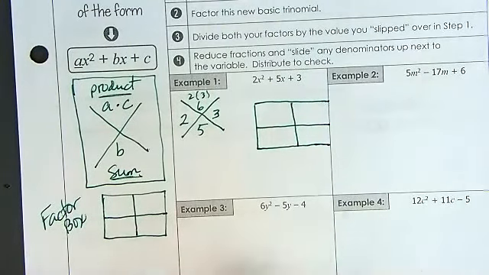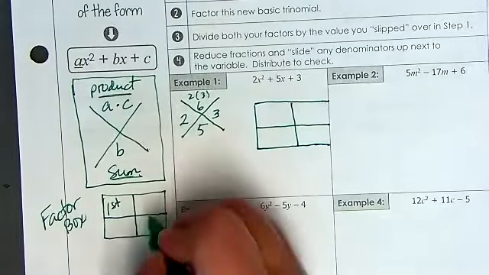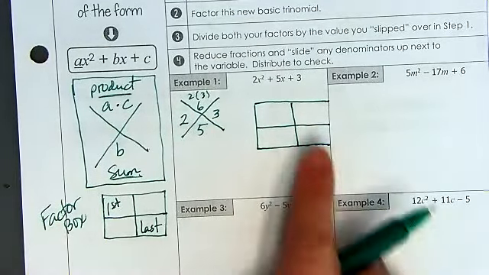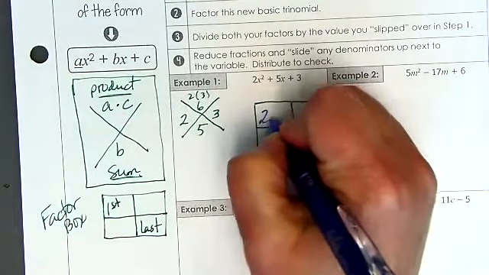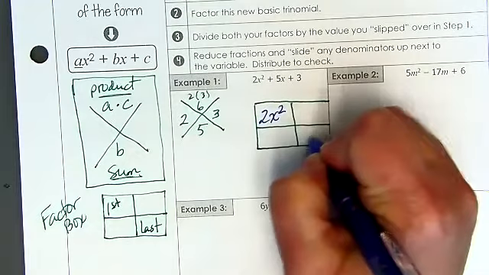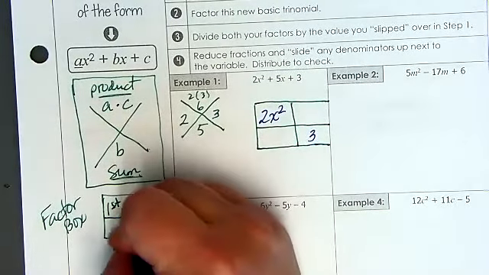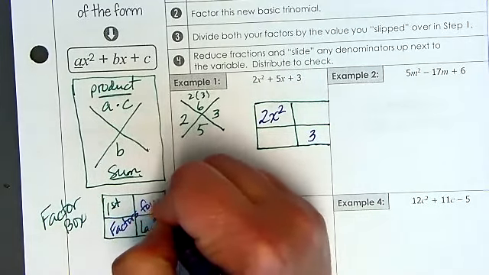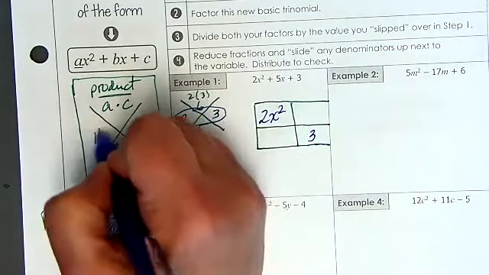This is always the first term of the trinomial, and this is always the last term of the trinomial. So when I'm looking at this box right here, I'm going to put 2x squared here, 3 here. These two are the factors that you find. Factors found, which is this right here.